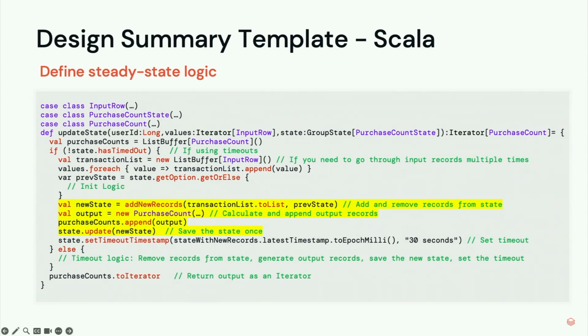Then you're going to define steady state logic. And you're really going to use helper functions as much as possible to facilitate unit testing and to keep this function that you're calling from flatMapGroupsWithState very clean. And then finally, if needed, you're going to have timeout logic. You're going to have that conditional, and then you're going to implement your timeout logic below.